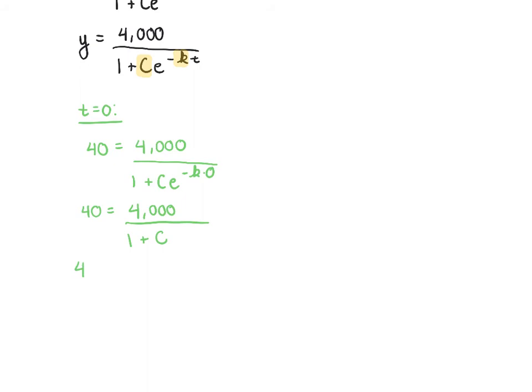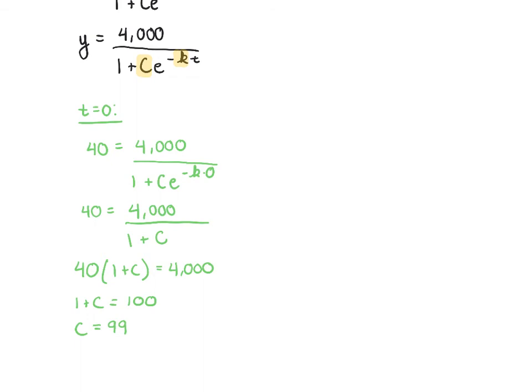Then multiply both sides by 1 plus c. So 1 plus c equals 4,000 over 40, which is 100. Let's cross our fingers. Therefore, c is 99. So notice, c is not 40. Here, c is not the initial condition.